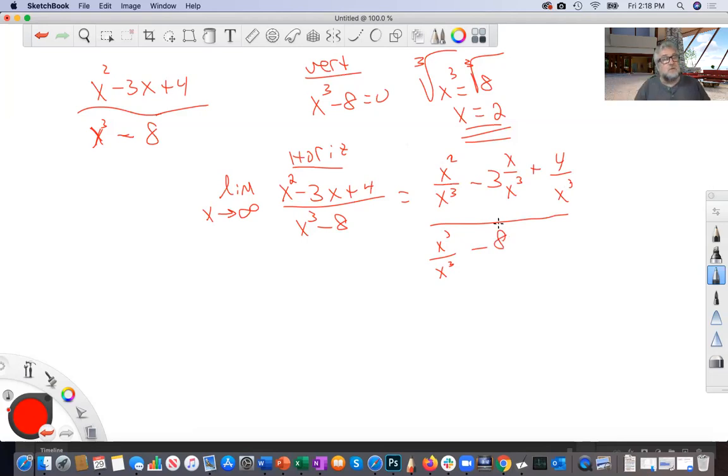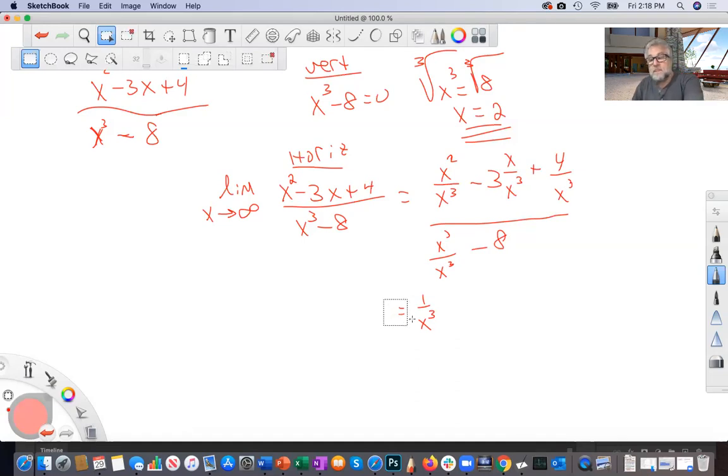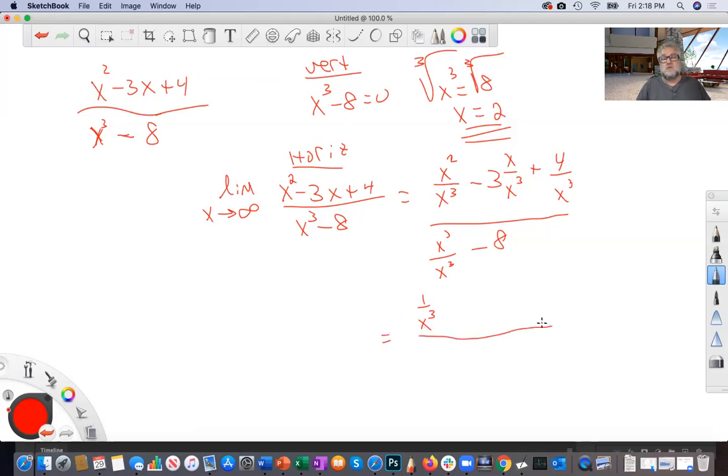Now what do we do? Simplify. x squared over x cubed is going to be 1 over x cubed. 3x over x cubed will be 3 over x squared. This will stay the same, 4 over x cubed. And the denominator is going to be 1 minus 8, right?